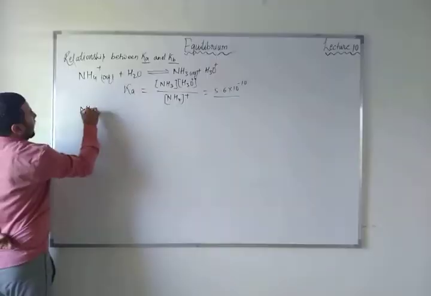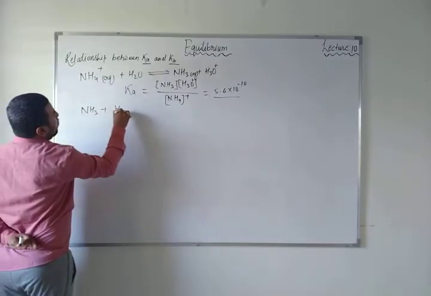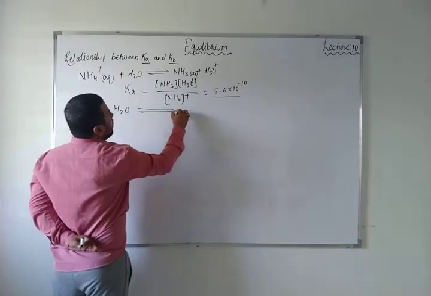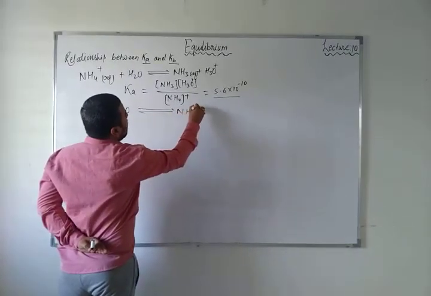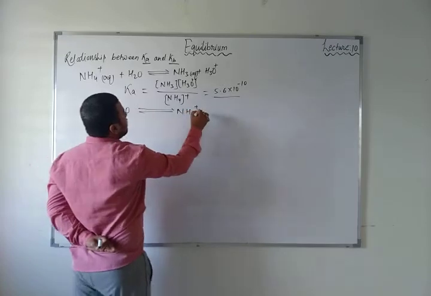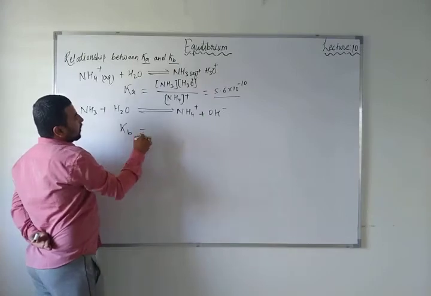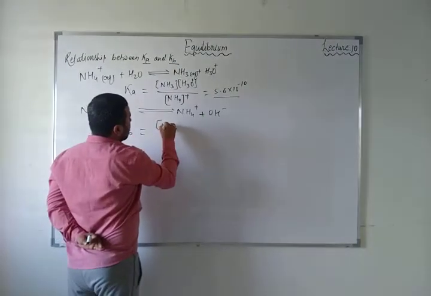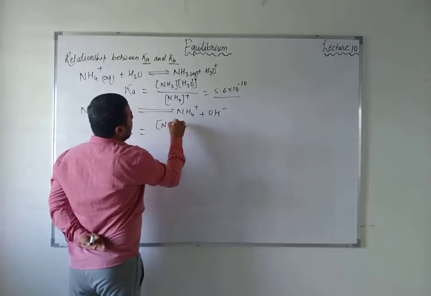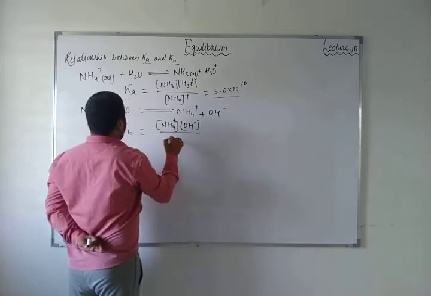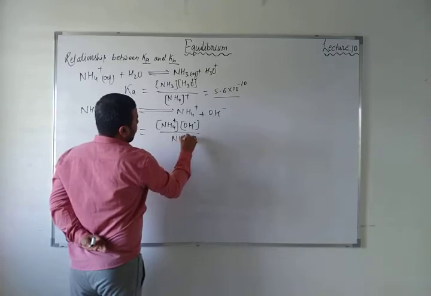Now we are taking NH3 plus H2O in the aqueous solution. So no need to worry. What will it be? NH4 plus and OH minus, right? So what will be the formula of Kb? Concentration of product upon concentration of reactant, right?